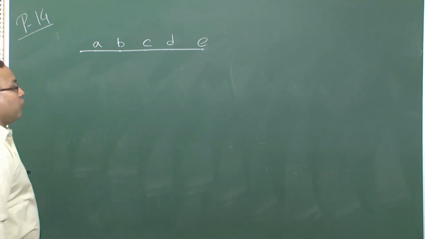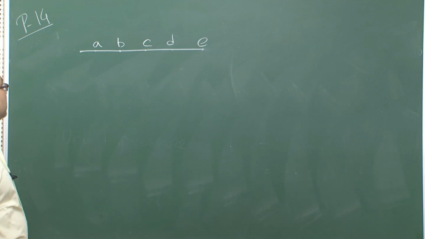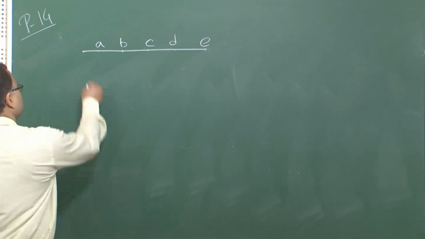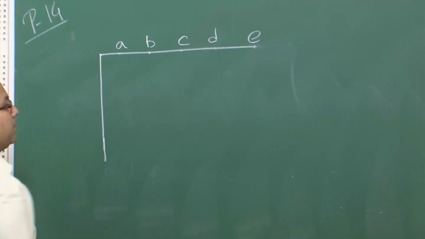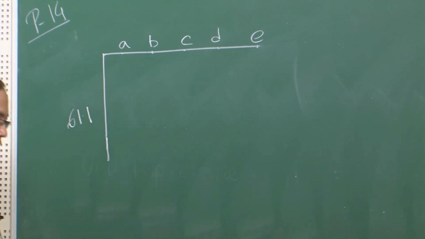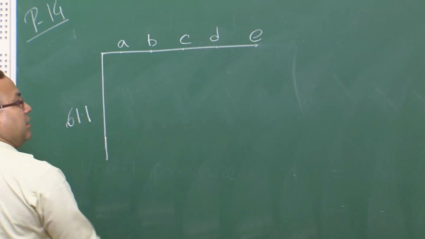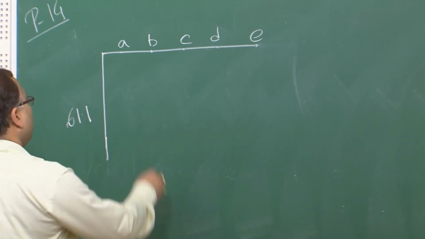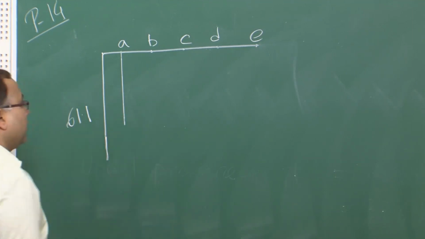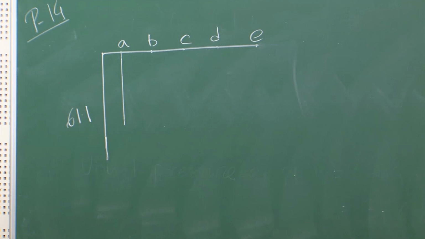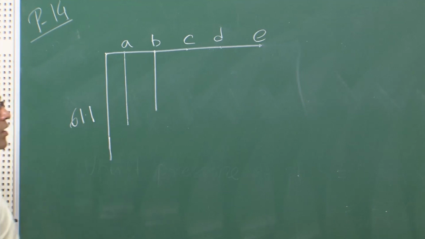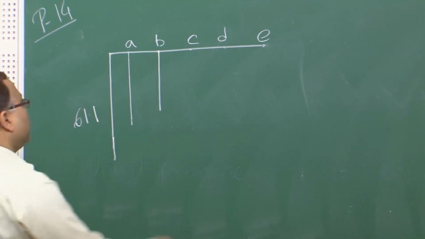What is the uplift pressure at the upstream end of the base? This is your uplift pressure, that is 61.1. Then at point A, what is your uplift pressure? 40.2. Then at point B, what is your uplift pressure? 37.6. Then at point C, 32.5.